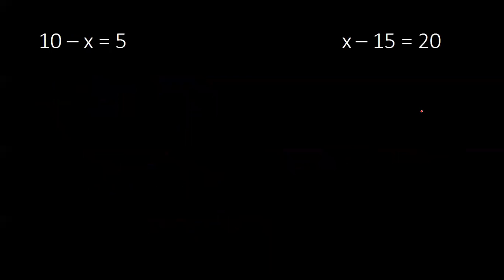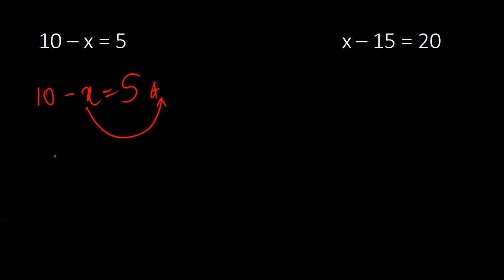Now let me show you subtraction. The same thing, this time I'll show you using the easier method. So 10 minus x equal to 5. I have to isolate x, but x should have a positive sign. If x should have a positive sign, I can take it to the other side, because we know that when we transpose, the sign changes. So when I take x to the other side, it becomes plus.